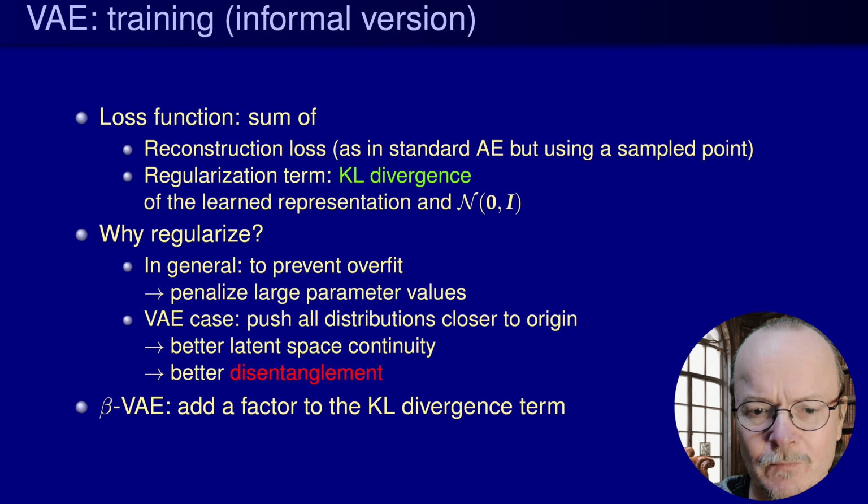The penalty term for this dissimilarity of distributions is the Kullback-Leibler divergence, which is a standard measure for the difference between two probability distributions. In our case, the one defined by the encoder output and the standard distribution.